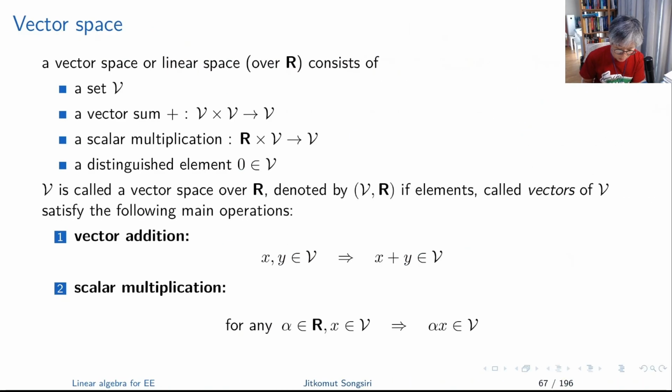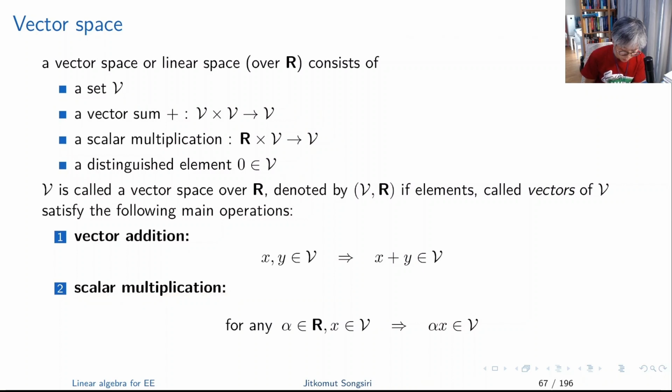So before we begin, let me remind and maybe review the concept of vector space first. A vector space is a set that has a nice property that is closed under vector addition and the closeness property under scalar multiplication.